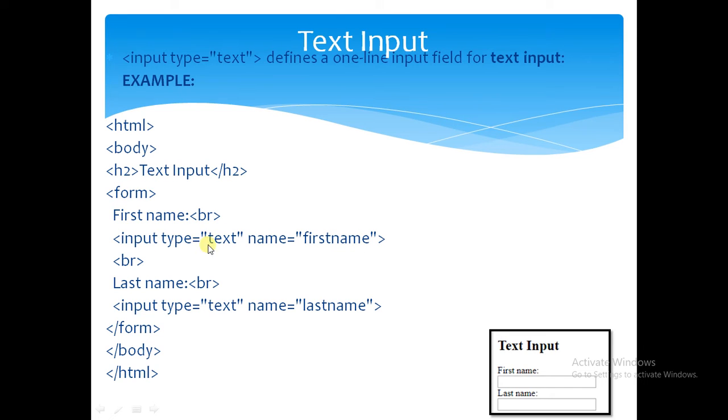This input type means that we are creating a single input field here, and we use br to break the line and type last name. This is last name, and we use the br tag to break the line, and input type equal to text, name equal to last name. So here we create the last name text box. After that close form, body and HTML.